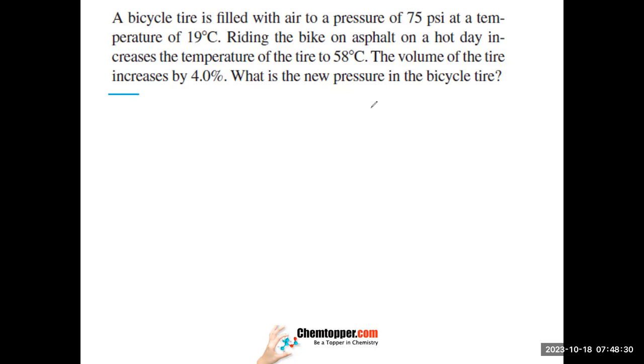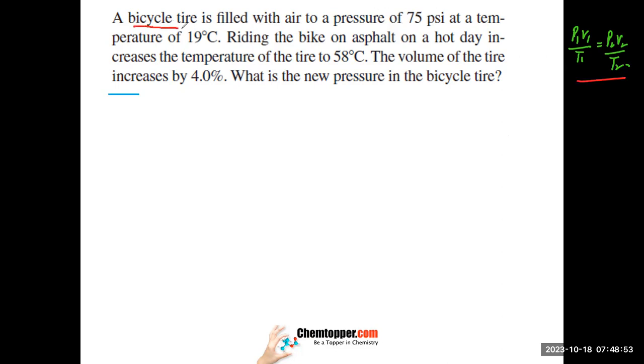Okay, read the question. So the combined gas law was okay with us, right? P1 V1 over T1 is P2 V2 over T2. Now I'm applying this law on this question. How to know that I should apply this law? You just start collecting information.